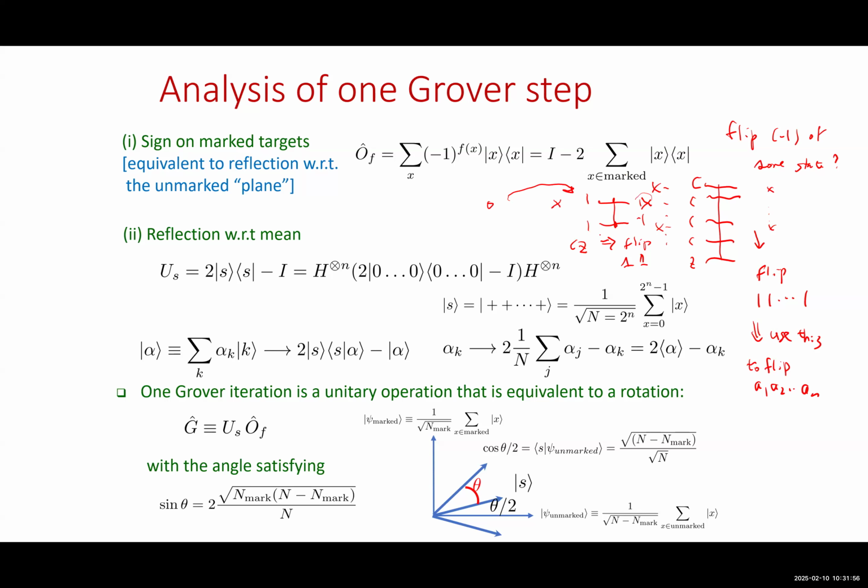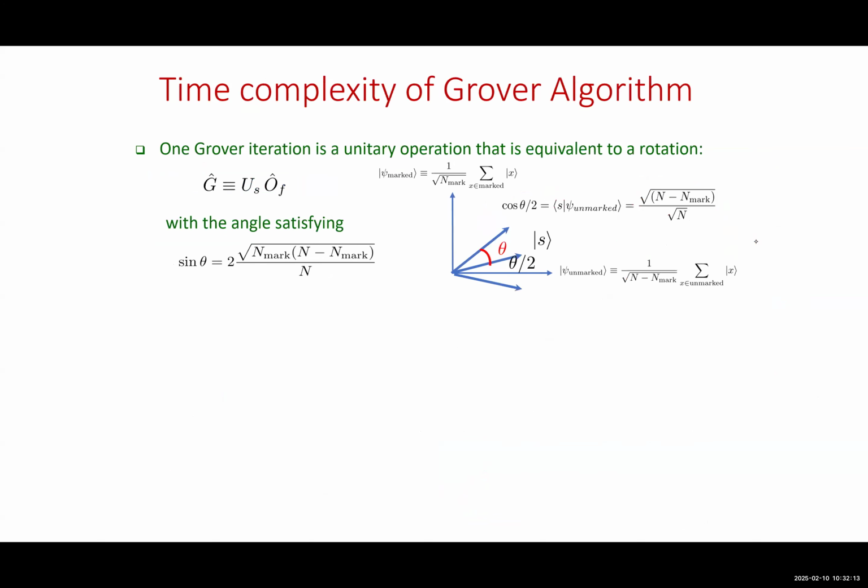But this bit string 0 gets the minus sign instead of 1, 1. So basically, if you want a 0 here, you apply an additional X before and afterwards. That's why they use the multiple control Z.